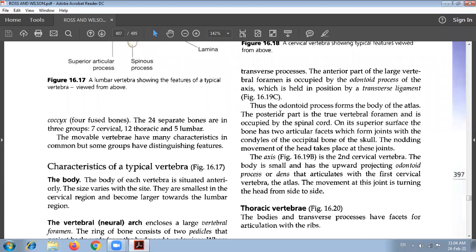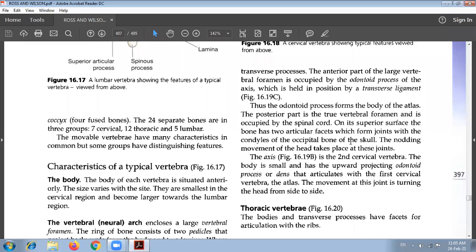The odontoid process forms the body of the atlas. The posterior part is the true vertebral foramen and is occupied by the spinal cord. On its superior surface, the bone has two articular facets which form joints with the condyles of the occipital bone of the skull.